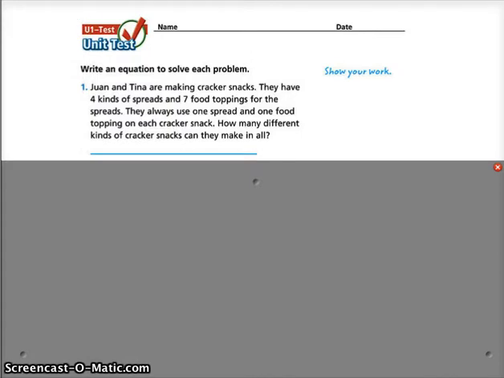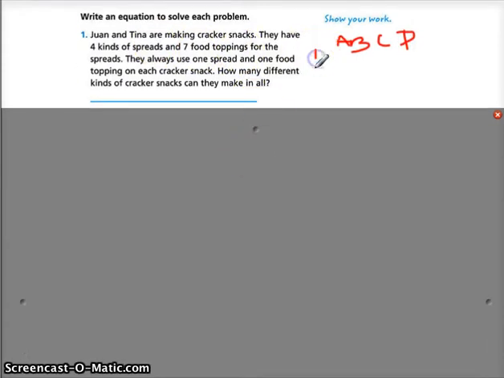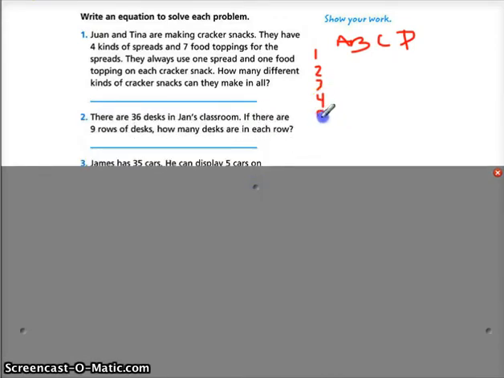And you know that there are 4 kinds of spreads. So we could say there are A, B, C, and D. And we know there are 7 different toppings. 1, 2, 3, 4, 5, 6, 7. And we make our graph.